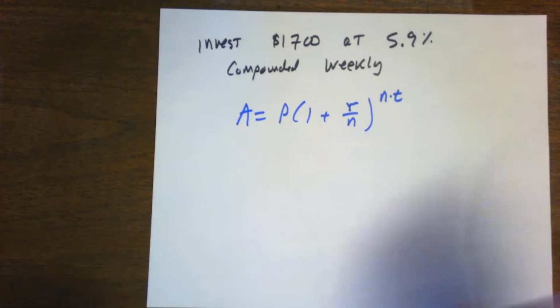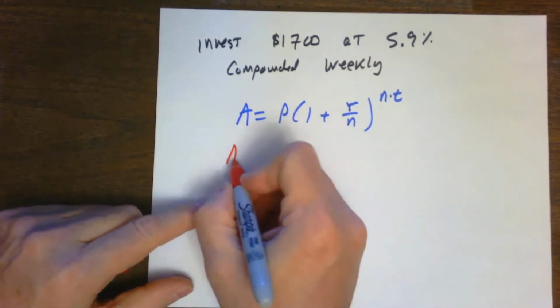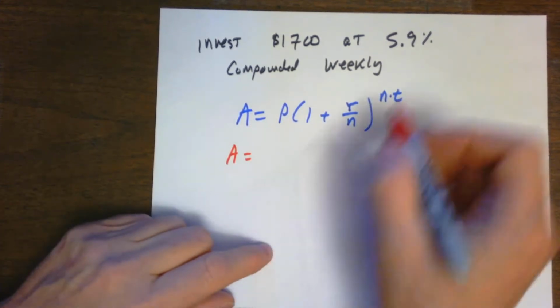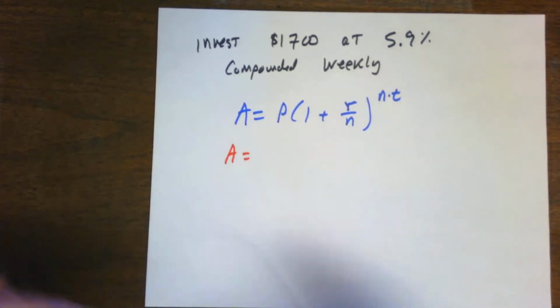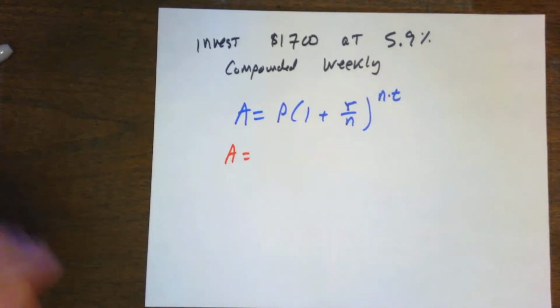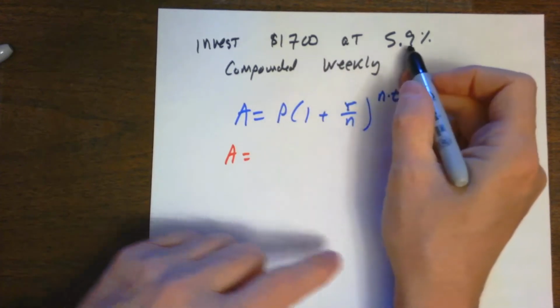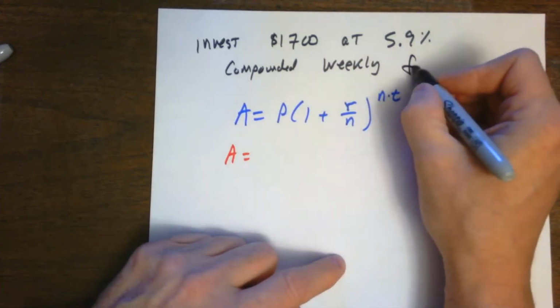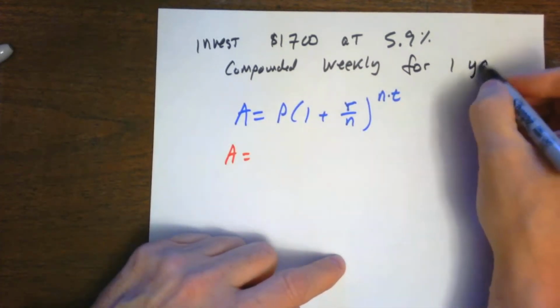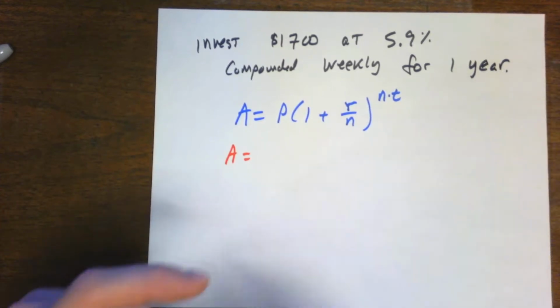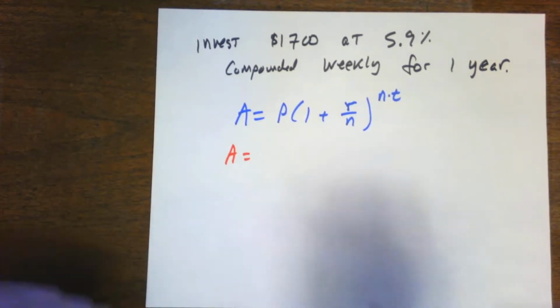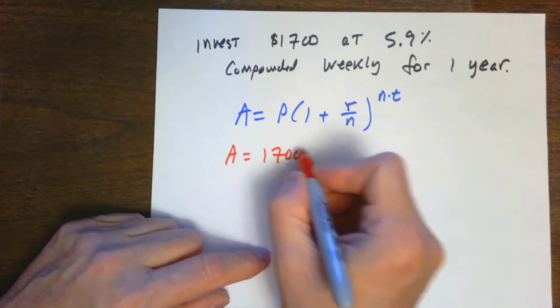All right, so here we go. We're going to put the numbers in. So the amount that this is going to be worth. Oh, how long? I didn't give a time frame here, did I? So we're going to invest $1,700 at 5.9% compounded weekly for 1 year. There we go.